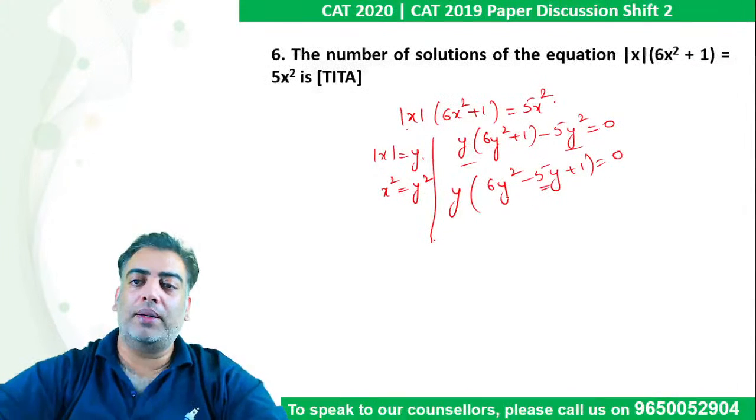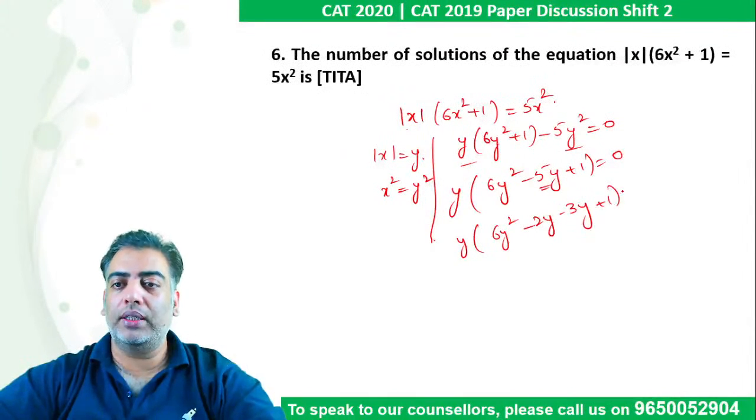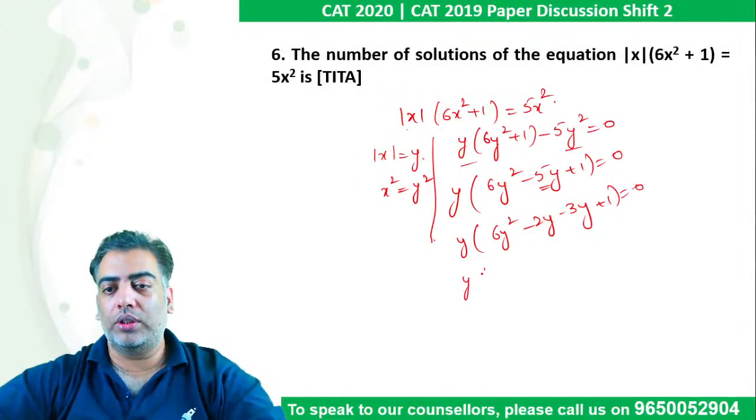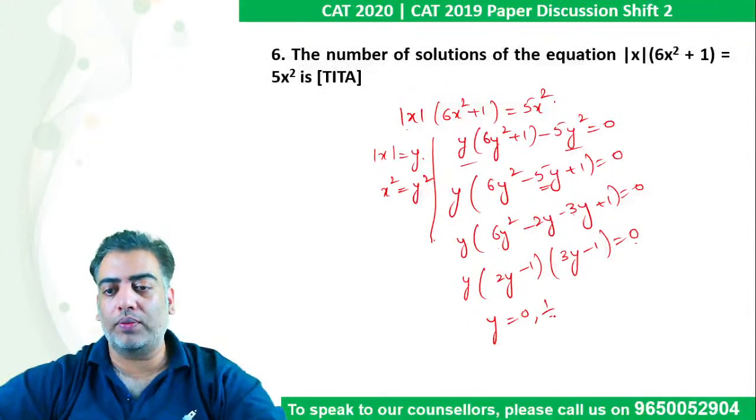So let's split the middle term, which becomes 6y square minus 2y minus 3y plus 1 equal to 0. Now if we take 2y common out of these two and minus 1 common here, the factorized form comes out to be this, which gives me y will be either 1 by 2 or 1 by 3.